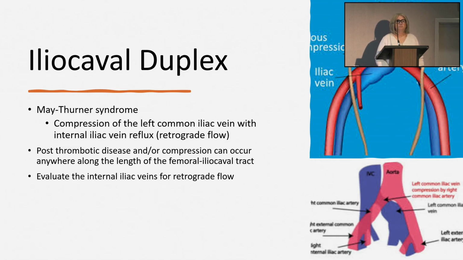Patients who present with common iliac vein compression and have had it for a while can also develop post-thrombotic disease from that constant compression. But we see it anywhere along the iliocaval, the femoral iliocaval tract, not just at the caval confluence.